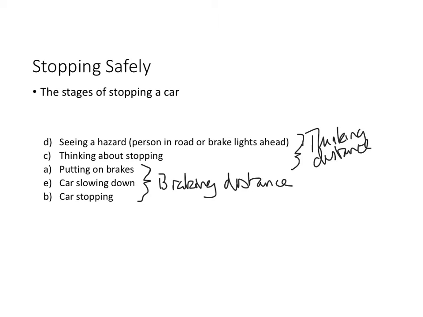So as soon as we see the hazard, whatever it is that makes us want to stop, that's the thinking distance. As soon as you start putting the brakes on until the car stops, that's the braking distance. If we add the thinking distance to the braking distance, that total distance is the stopping distance.